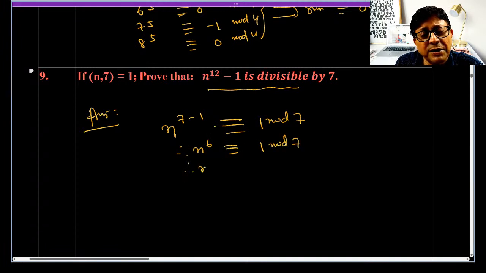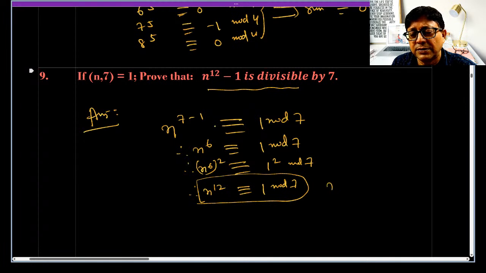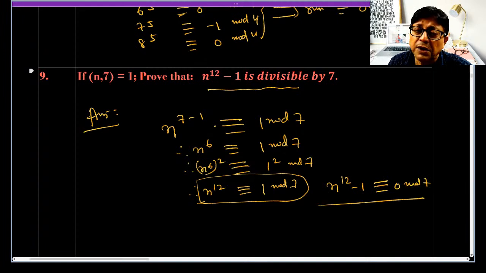So n to the power 6 whole squared is congruent with 1 mod 7. So therefore, done. So what does this imply? n to the power 12 minus 1 is congruent with 0 mod 7.